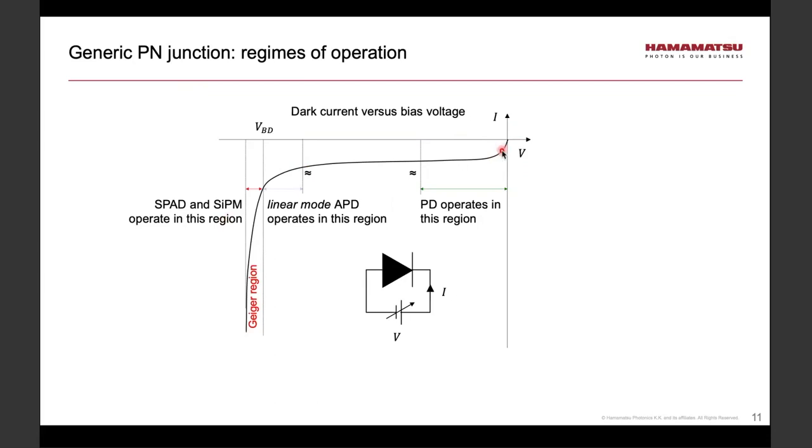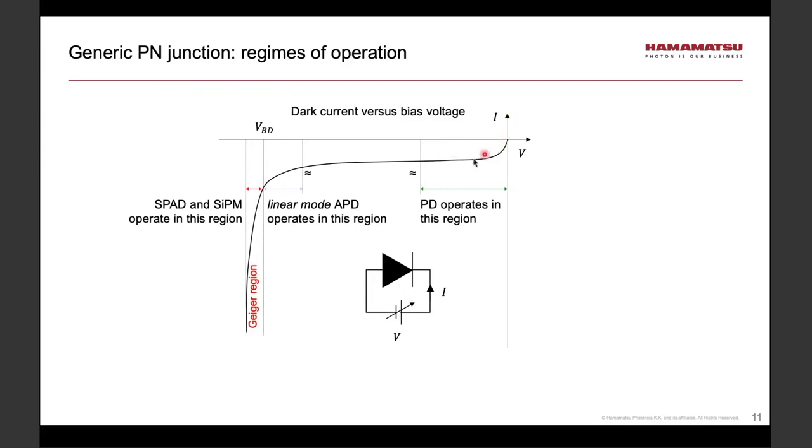The three devices that I've mentioned will be operated in three distinct regions. The photodiode will be operated close to the origin, which means that the reverse voltage that we're going to apply to the photodiode is going to be the smallest out of the three devices, typically anywhere from 0 to 10 volts reverse or so.